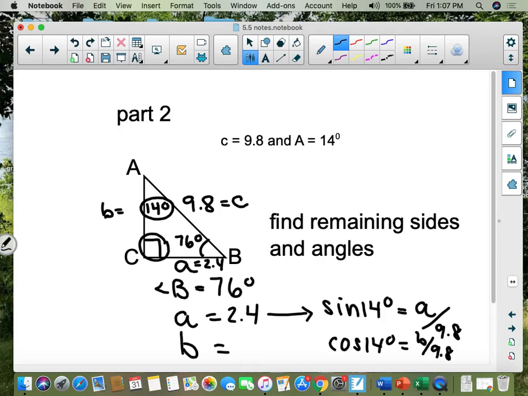I could use whatever trig function I want to find the missing sides and angles. Got it? Do you want me to finish it? I'll finish it. The cosine of 14 times 9.8 is 9.5. If you have time on the test, you could do a squared plus b squared should equal c squared, right? If you had time on the test, you could check it.